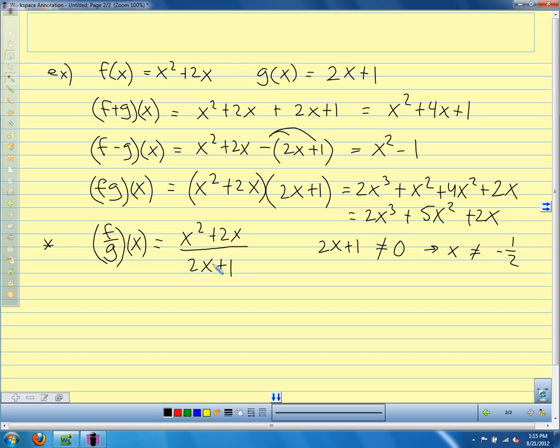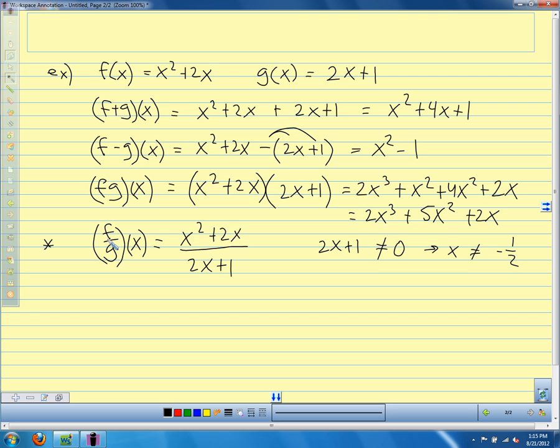Always remember when you're dividing to think about how you might need to restrict the domain. You don't want the denominator to be 0. So, questions about combining with arithmetic? You're just doing the operation that it's telling you to do.